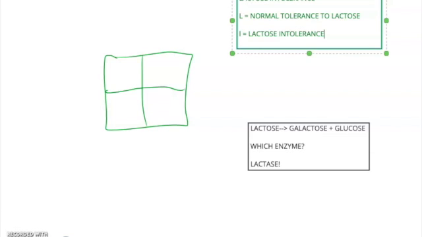I'm going to draw the mother's allele on the top of the Punnett square. We're going to draw that in red. And she had 2 lowercase alleles. The father we'll draw with blue. He had 2 uppercase alleles for normal tolerance to lactose.